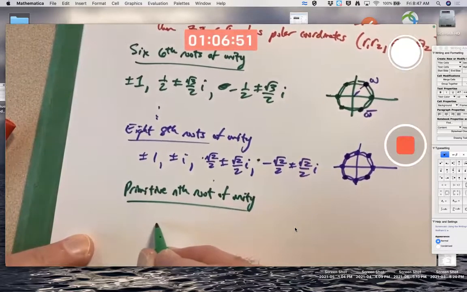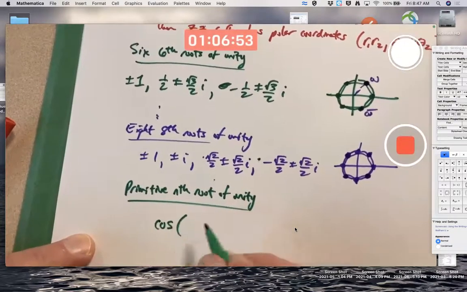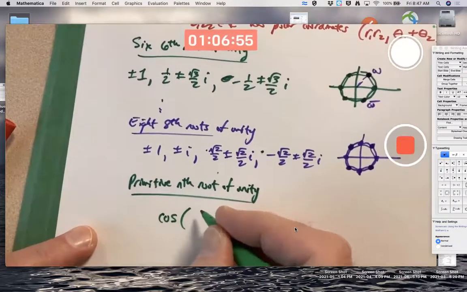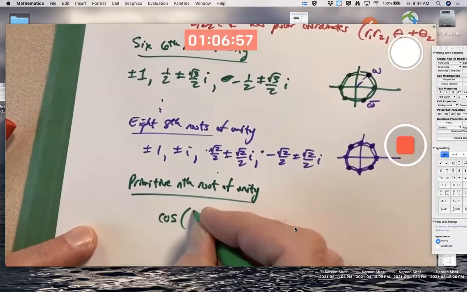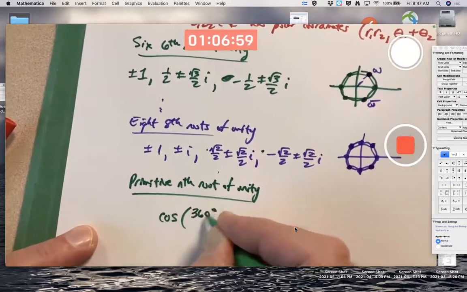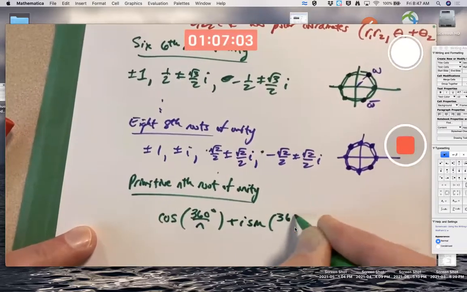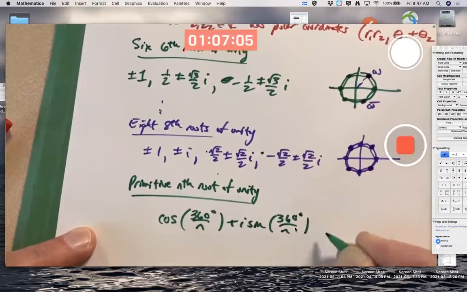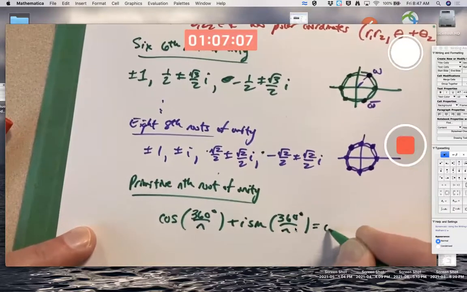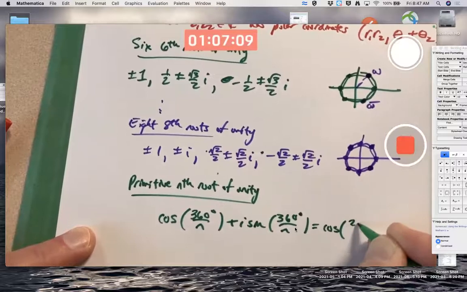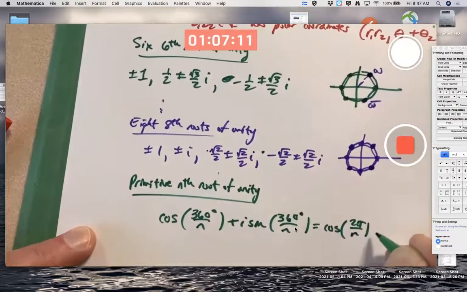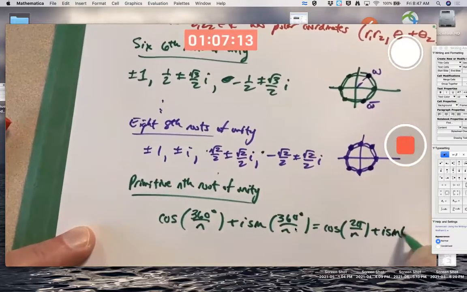It's going to be cosine, if I use degrees, 360 degrees divided by n plus i sine 360 degrees divided by n. If I use radians, you write that as cosine 2 pi over n plus i sine 2 pi over n.